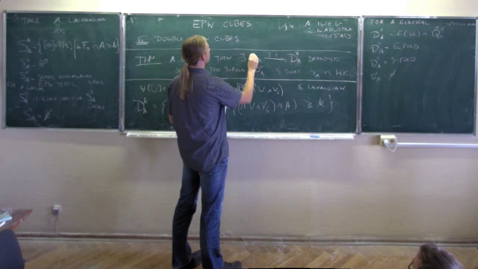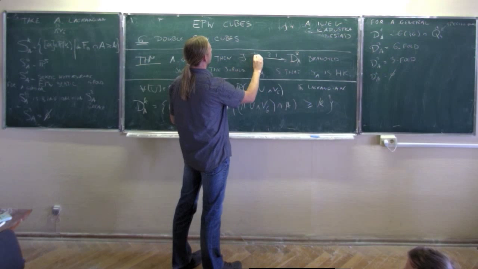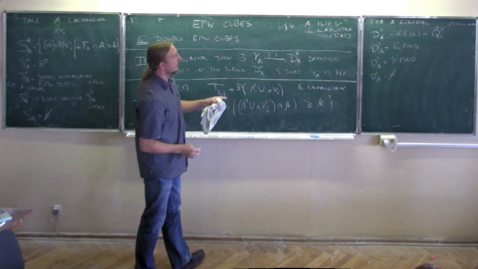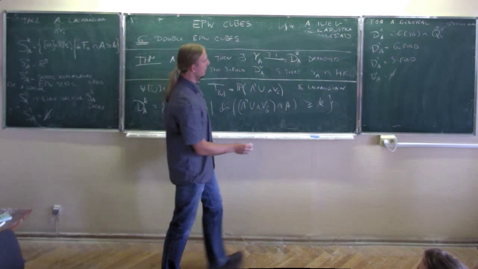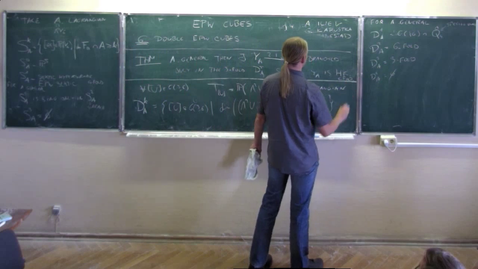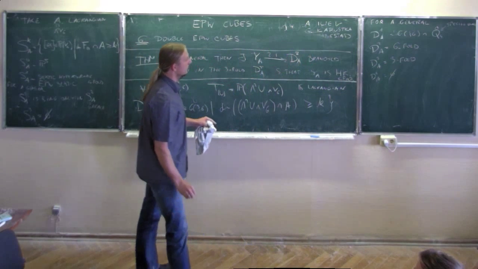Maybe denote this way. But the double cover is a hyperkähler sixfold. So this is the construction.